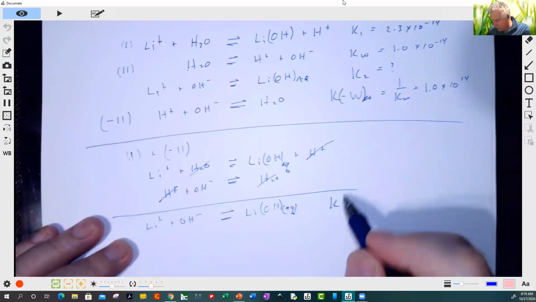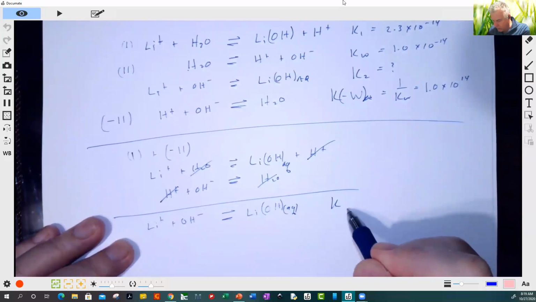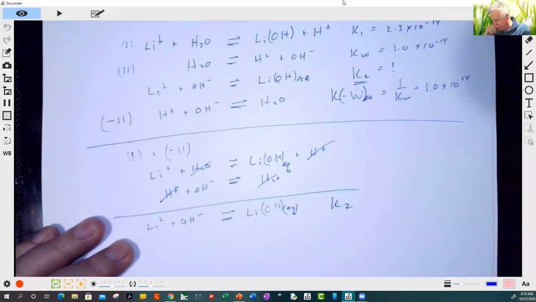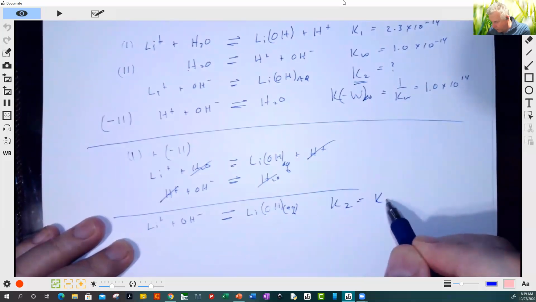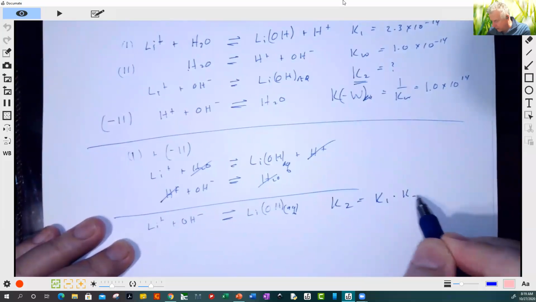So the K value for this, we can call K2, that's what we defined up here. This will equal K1 times K minus 2.